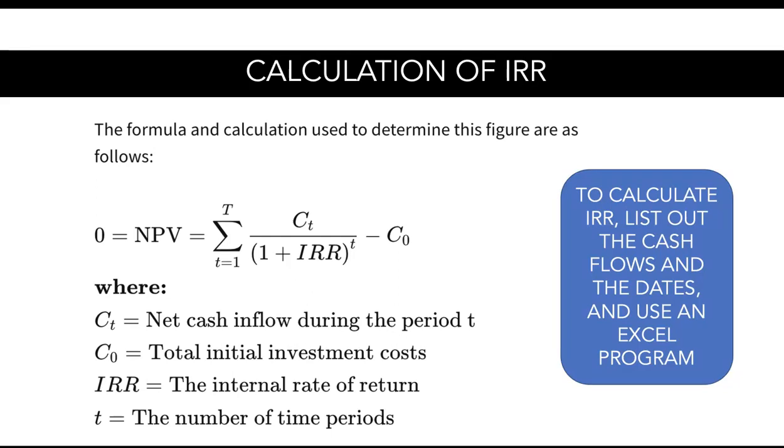IRR cannot be easily calculated analytically, and instead must be calculated iteratively through trial and error, or by using software programmed to calculate IRR, like Excel. Using the formula, one would set NPV equal to 0 and solve for the discount rate, which is the IRR.